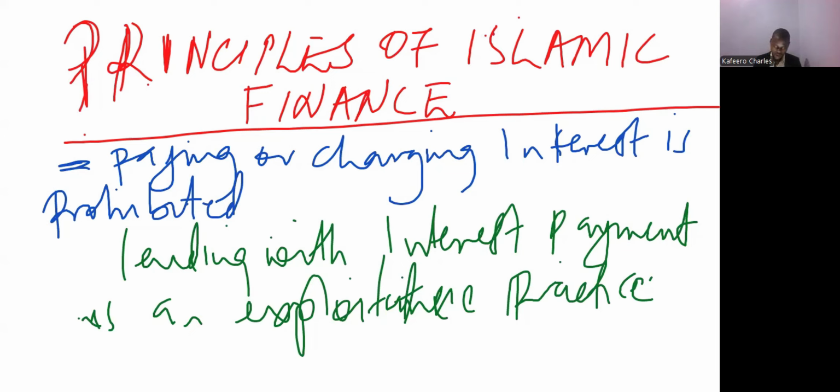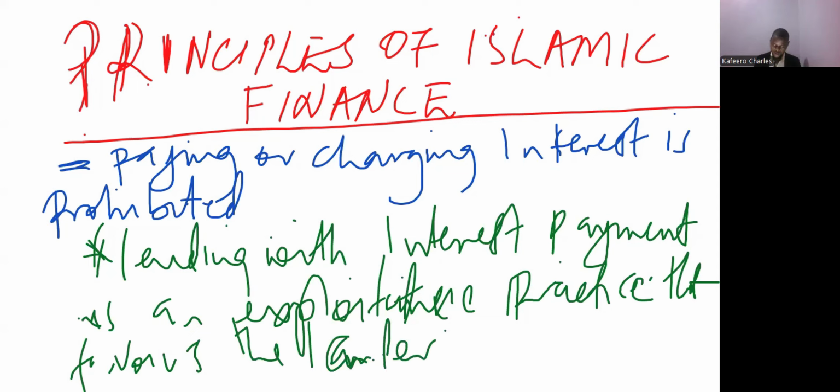No, their argument, and we shall see how they treat some of the excesses that you pay and how it is determined, is that lending with interest payment is treated as an exploitative practice that favors the lenders, or the banks, at the expense of the borrowers.